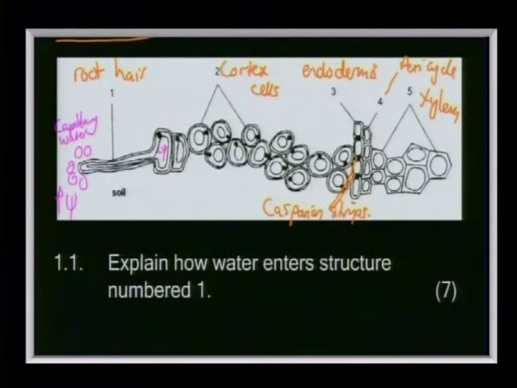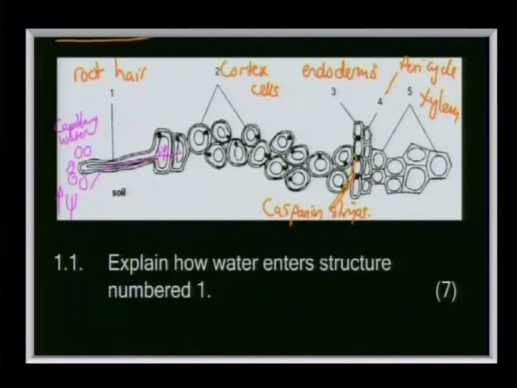So water is going to move from a higher water potential through the thin cell wall into the cytoplasm of the root hair, through the tonoplast, okay, so it's gone through the tonoplast and into the root hair. From the root hair, the water is going to move into the cortex cells, all right?